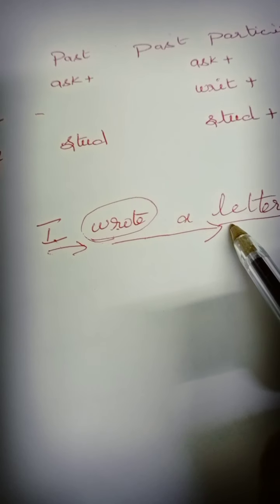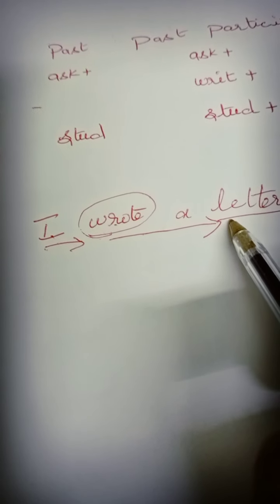Okay, I wrote a letter. Wrote is the verb, isn't it? From I, this wrote has been passed to the letter. So when the verb goes to the next object, it is called transitive.